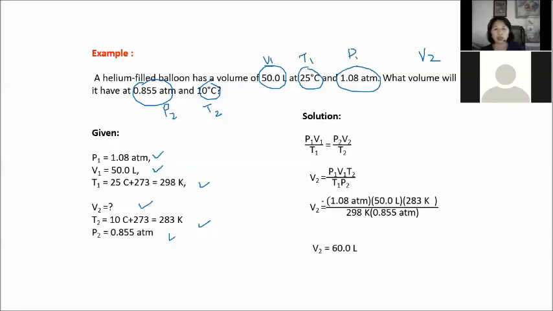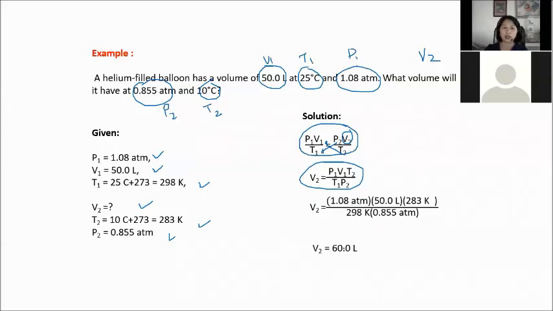Okay. Next, using the combined gas law formula and finding V2. So, isolate natin si V2 dito. So, one side ng equation, move natin ito sa taas, P2 sa baba. So, ito yung simplified form ng formula. The next thing is to plug in the given quantities.